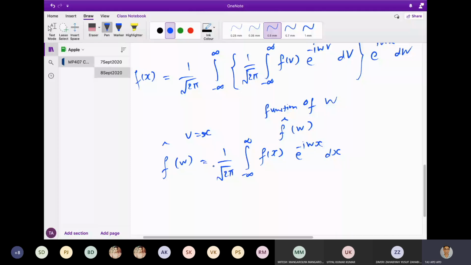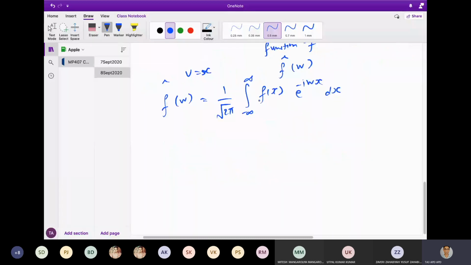So that should give you the Fourier transform for the function f of x. And the way we have done this previously, if you want to get back your function f of x, then you take the inverse Fourier transform of this.